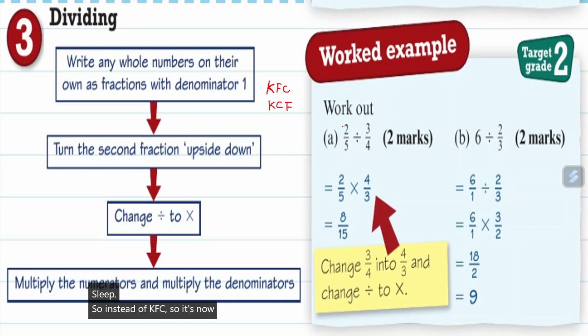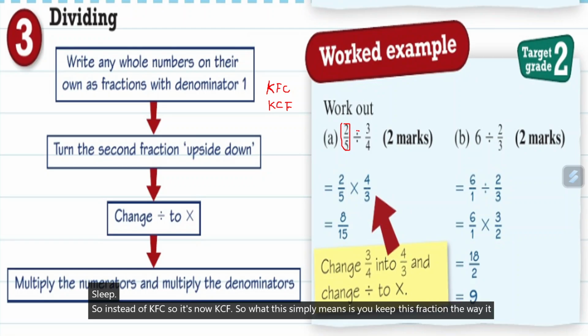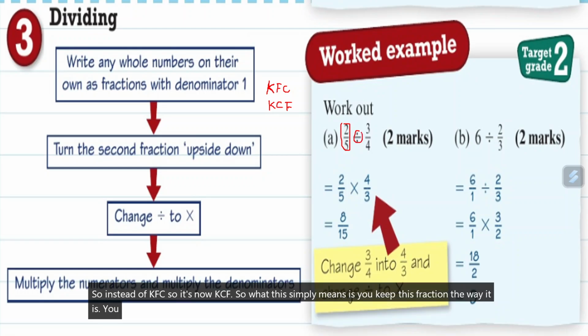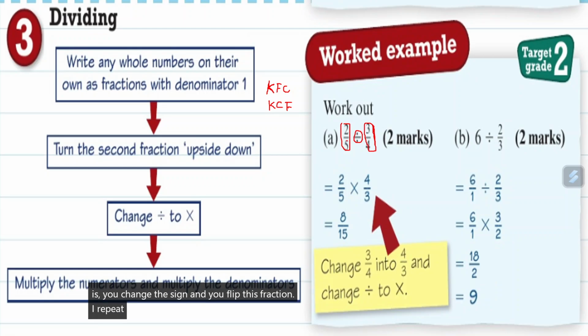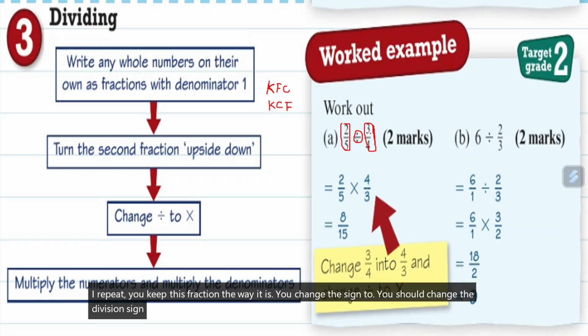So what this simply means is you keep this fraction the way it is, you change the division sign to multiplication, and you flip this fraction. I repeat, you keep this fraction the way it is, you change the division sign to multiplication, then you flip this.